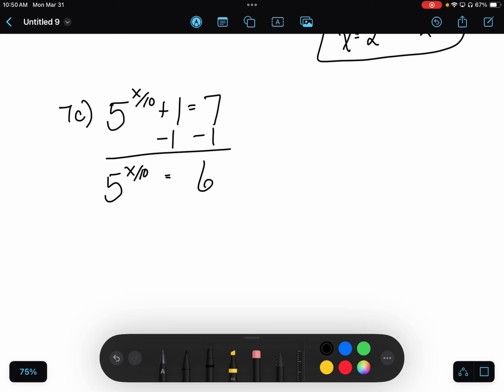Then, can I make a 5 into a 6 or 6 into a 5? No. Is there a number that I can bring them both down to make it? No. So now what I do is I log both sides. That allows me to pull this to the front.